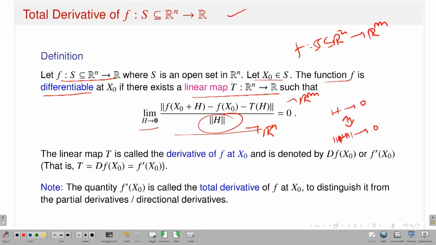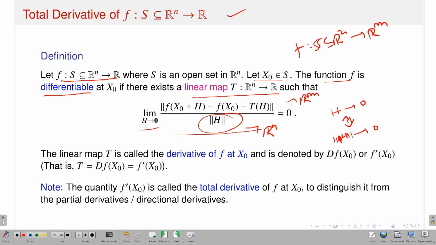Here, for Rn to R, though I am writing the norm, you can write it as a mod itself because the norm is nothing but mod in R. Okay. So this is the conclusion. Suppose you have a function f from S to R, where S is an open set in Rn, and let x naught belong to S. The function f is differentiable at the point x naught if there exists a linear map T from Rn to R such that this quotient goes to 0.